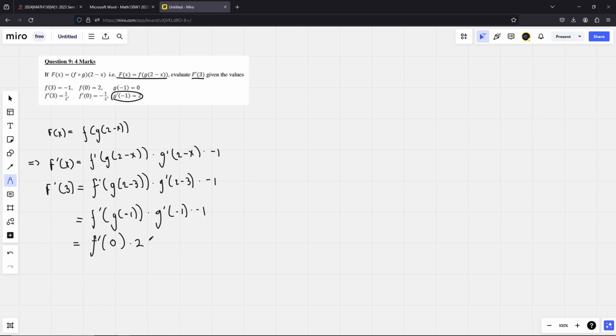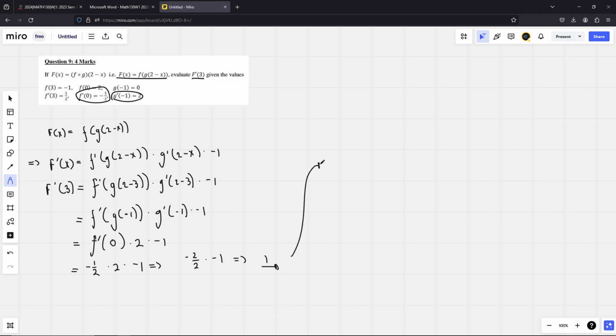So that's 2, and then multiplied by minus 1. Once more, from our information, f prime of 0 is minus half. So we copy that down, multiplied by 2, multiplied by negative 1, and simplifying, this multiplies into that and gives me minus 2 over 2, multiplied by minus 1, and that's just going to be 1.